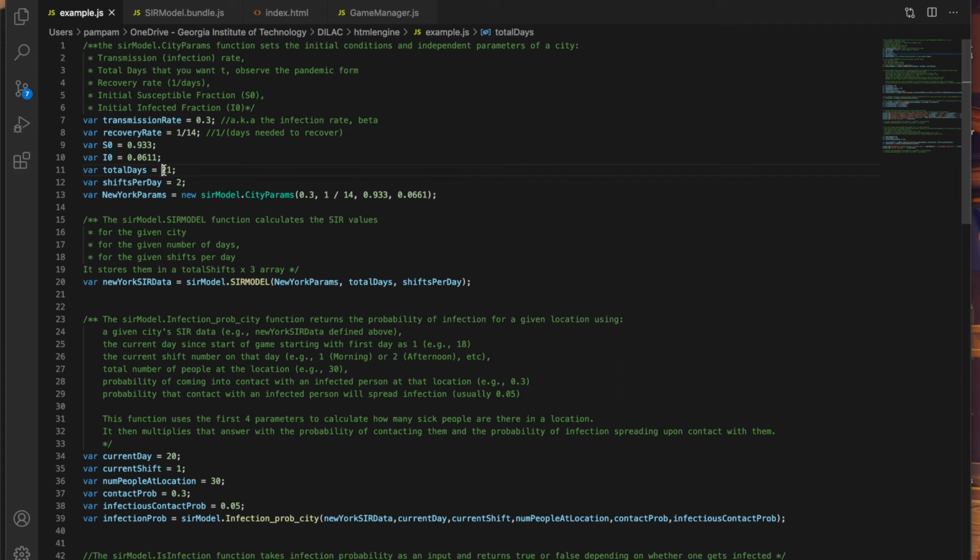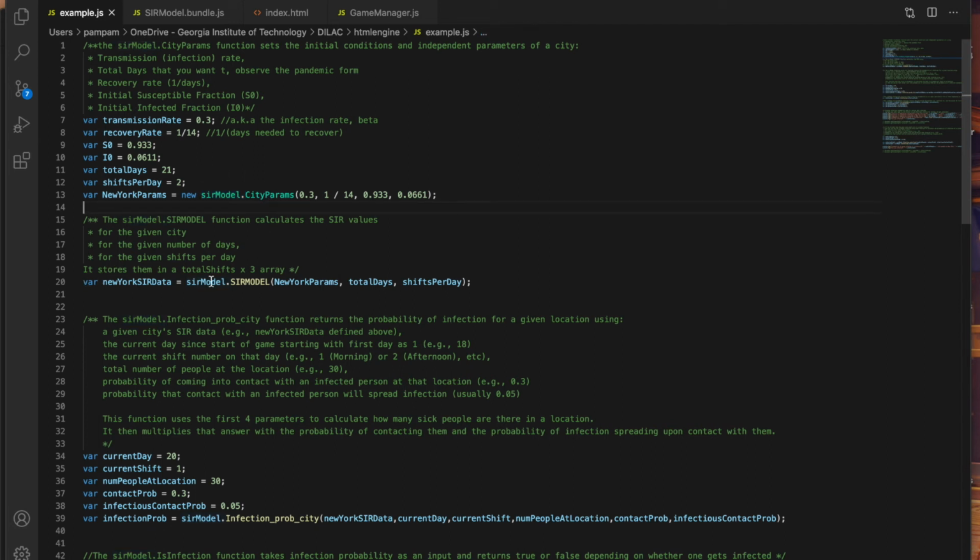Next, I want to run the simulation for 21 days, and I assume 2 shifts per day, morning and afternoon. I shall set up these conditions using the city params function and I assign them to a variable called New York params. Now, to use any of the functions from the bundle file, such as city params, you have to prefix SIR model dot before the function name. So it's SIR model dot city params.